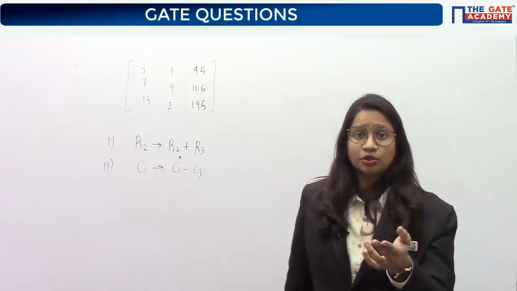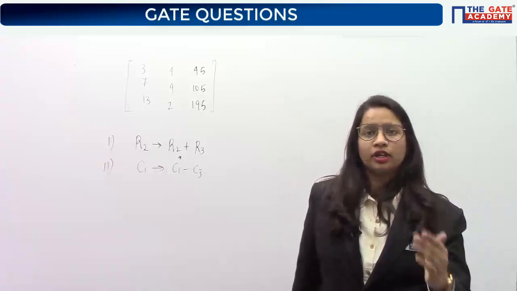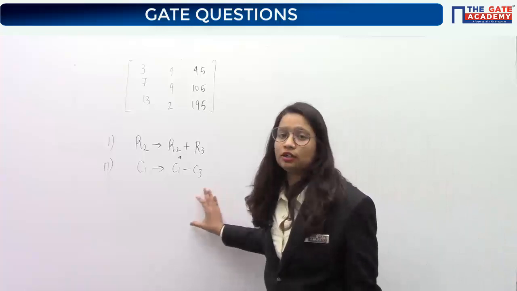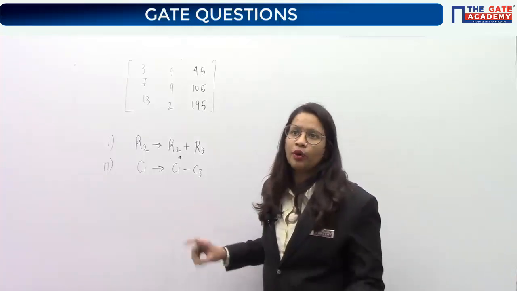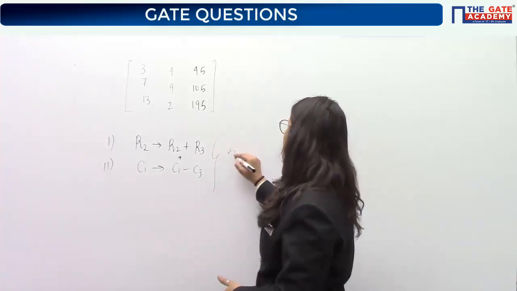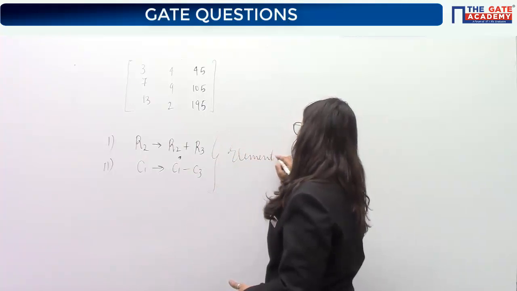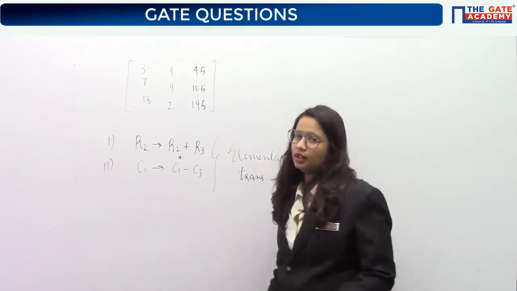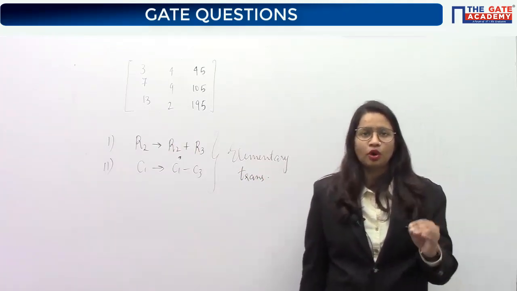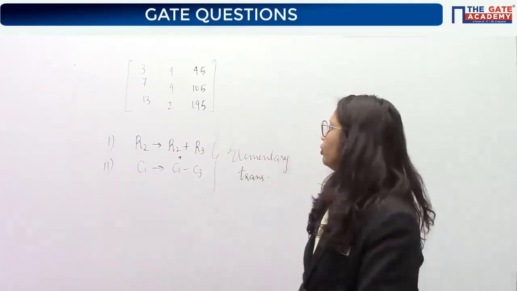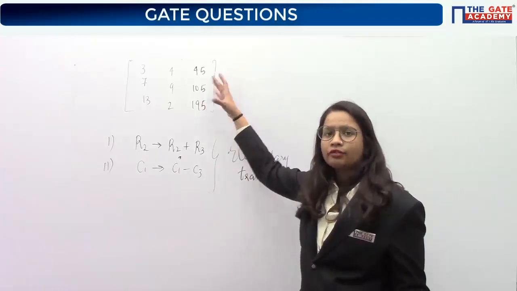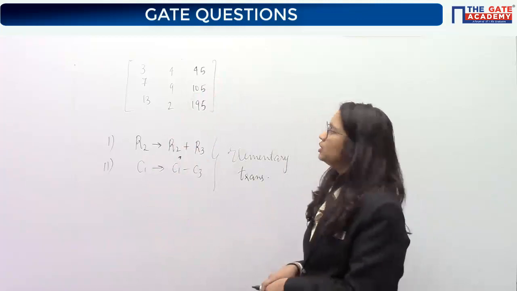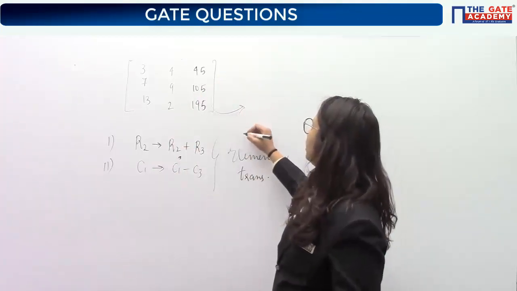Now they have asked you to do so, but do you actually need to do so? The answer is no. You actually do not need to perform these two operations. Why? Because these are elementary transformations, and we have seen that elementary transformations do not change your determinant value. So just calculate the determinant of this matrix.